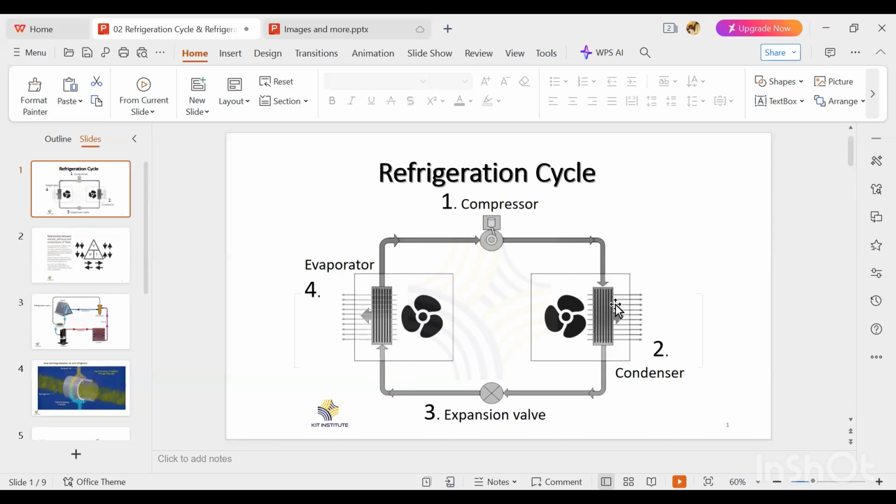Remember the condenser is a unit that is going to be outside our houses or outside our conditioned space. So this coil is going to be dissipating heat, giving off heat. When you bring cold air and pass it through this coil, it will collect heat and go with it.